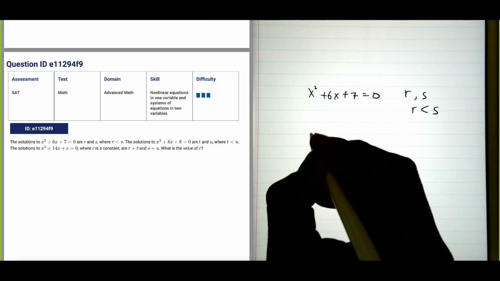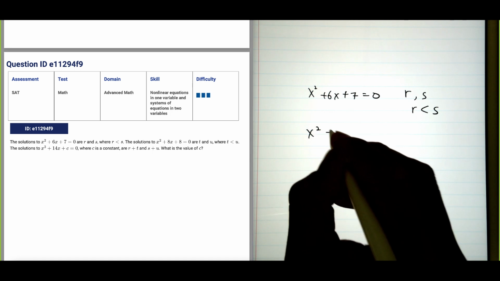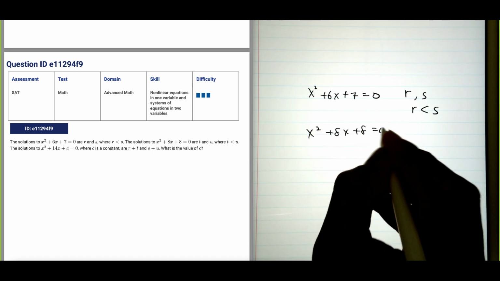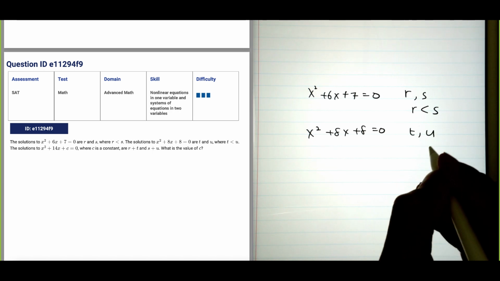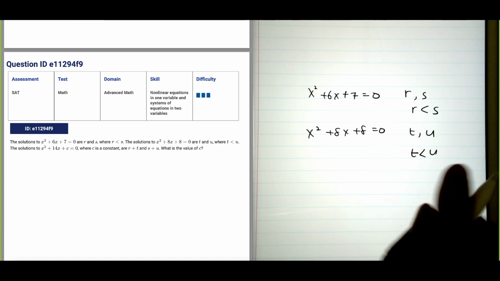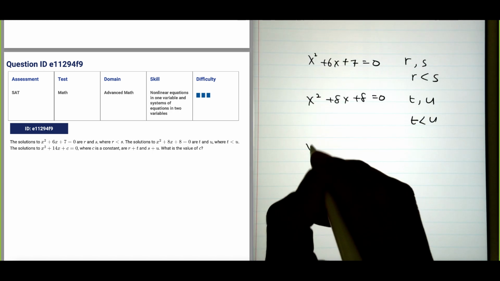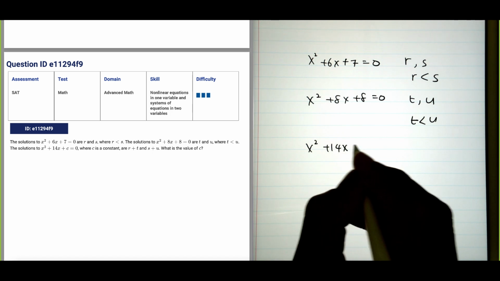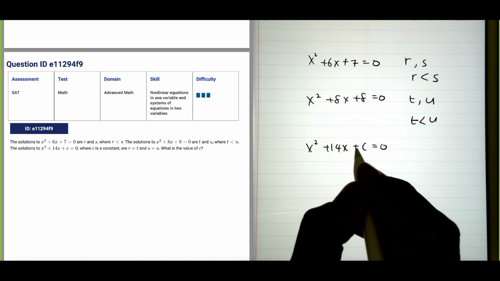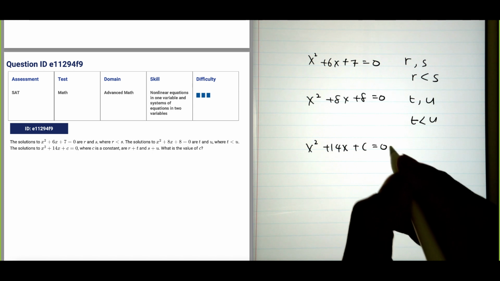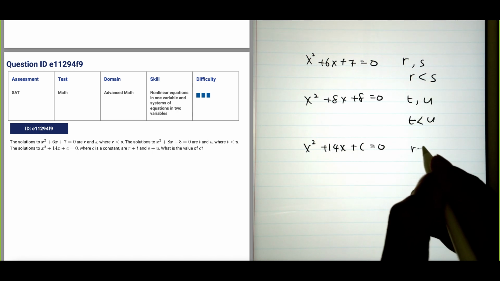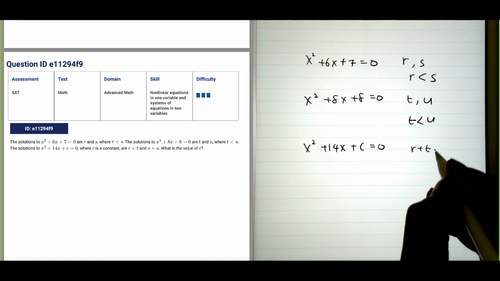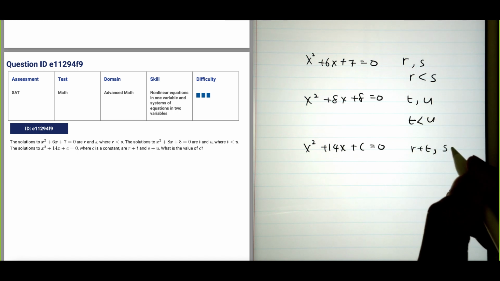And we've got another quadratic, x squared plus 8x plus 8 is equal to 0, where you have two solutions, T and U, but U is bigger than T. Now we've got another one, x squared plus 14x plus C is equal to 0, and C is a constant, and its solutions are the combination of R and T, and S and U, the bigger root for each.